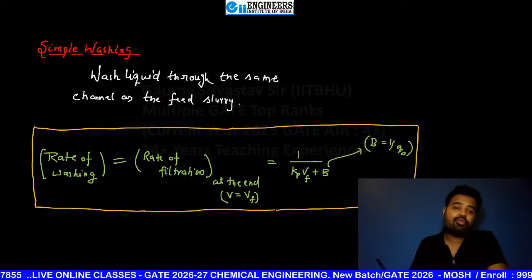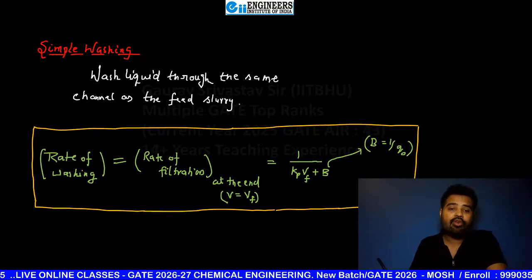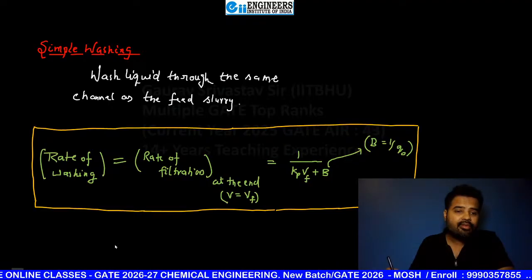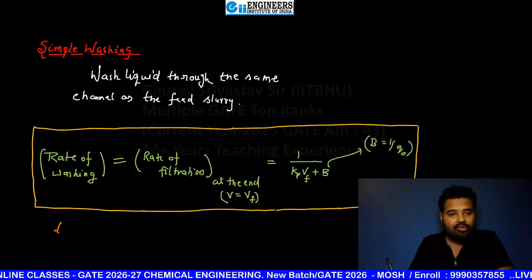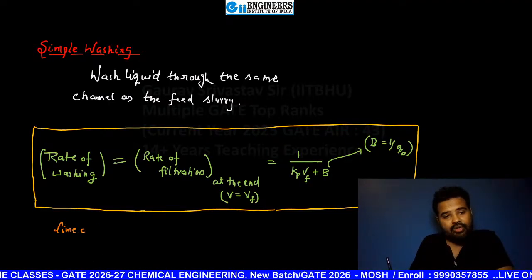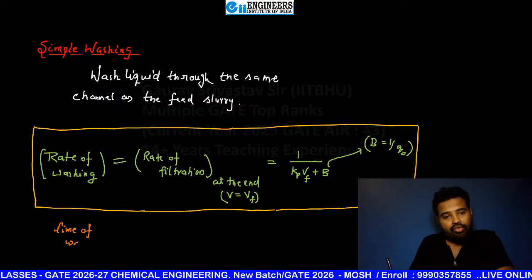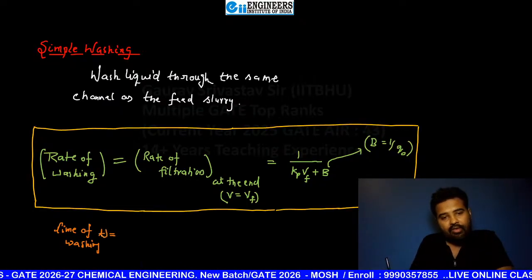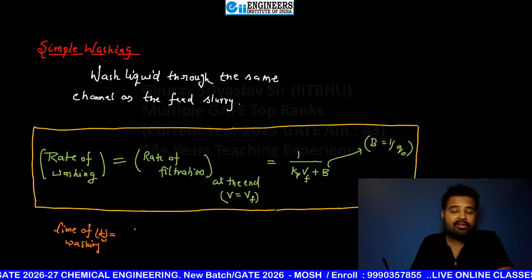And now if you know the rate of washing, then you can easily calculate the time of washing for simple washing. So time of washing, TW, is very easy.